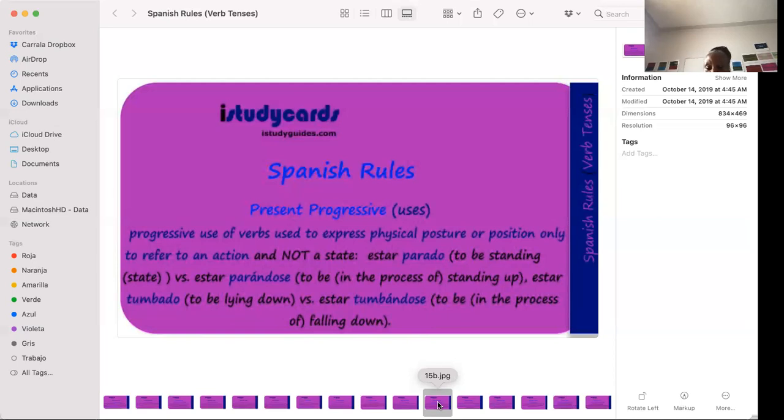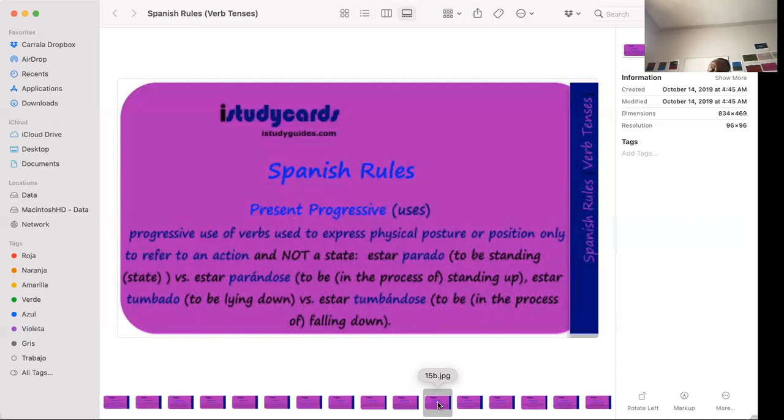That's the state you're in. You're in the state of lying down. But estar tumbándose, that is the reflexive of the verb tumbar, and you're using the present participle or progressive or continuous form. You're not talking about your state of lying down. You're talking about being in the process of lying down, tumbar. I hope that's clear.